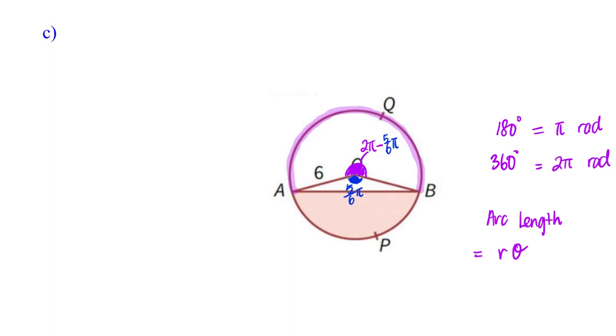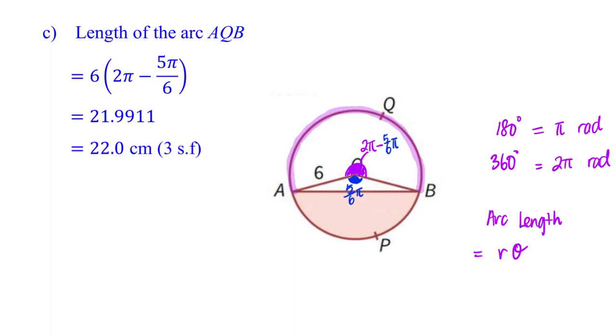So here you will then see Mr. Tan's working is pretty straightforward. Radius is 6. The angle we are talking here is 2 pi minus 5/6 pi. And there it is. That's the answer. 22.0 cm to 3 SF.